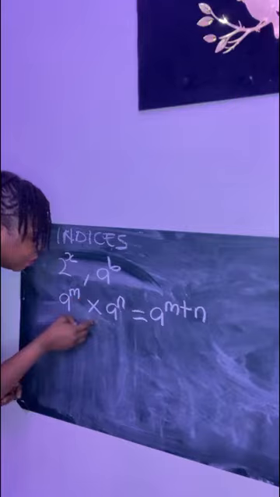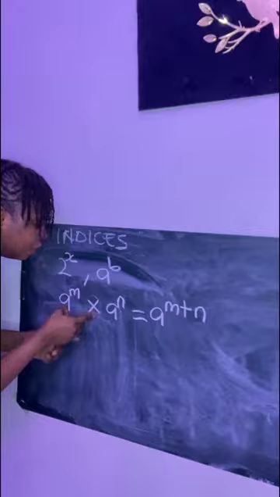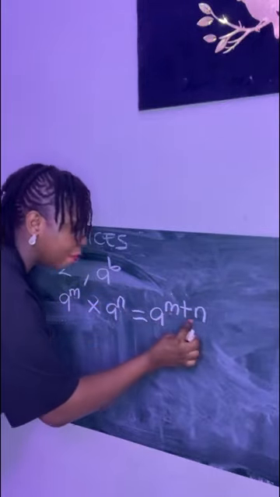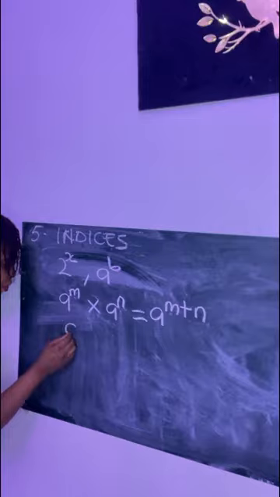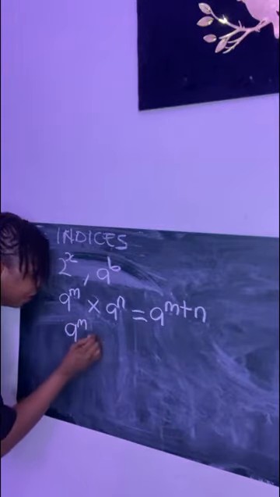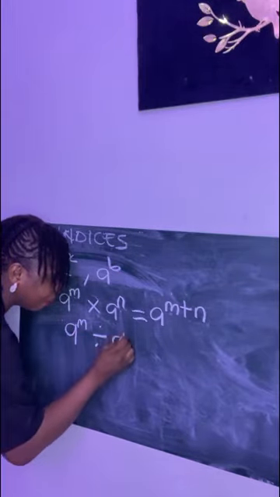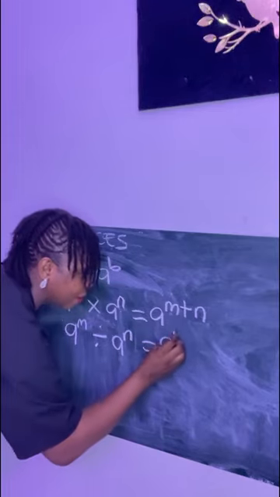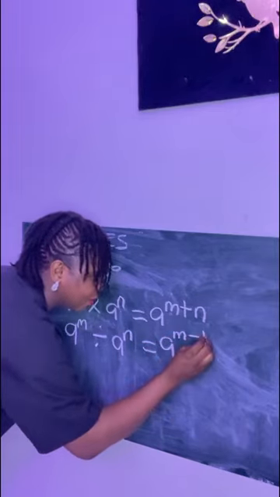So far you have your multiplication. Your multiplication will definitely mean adding both powers. That is m plus n. If you have a raised to the power of m divided by a raised to the power of n, that would be a raised to the power of m minus n.